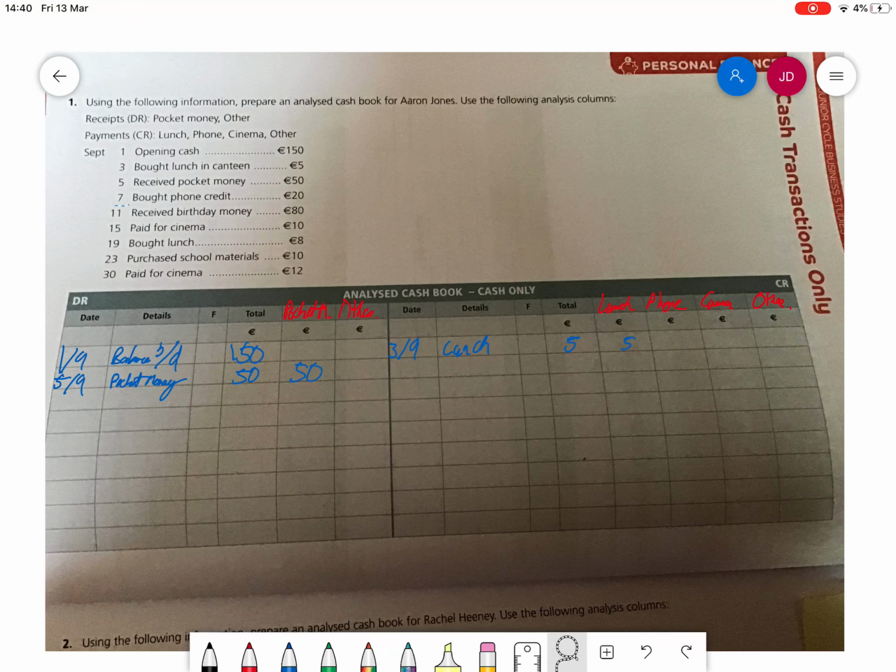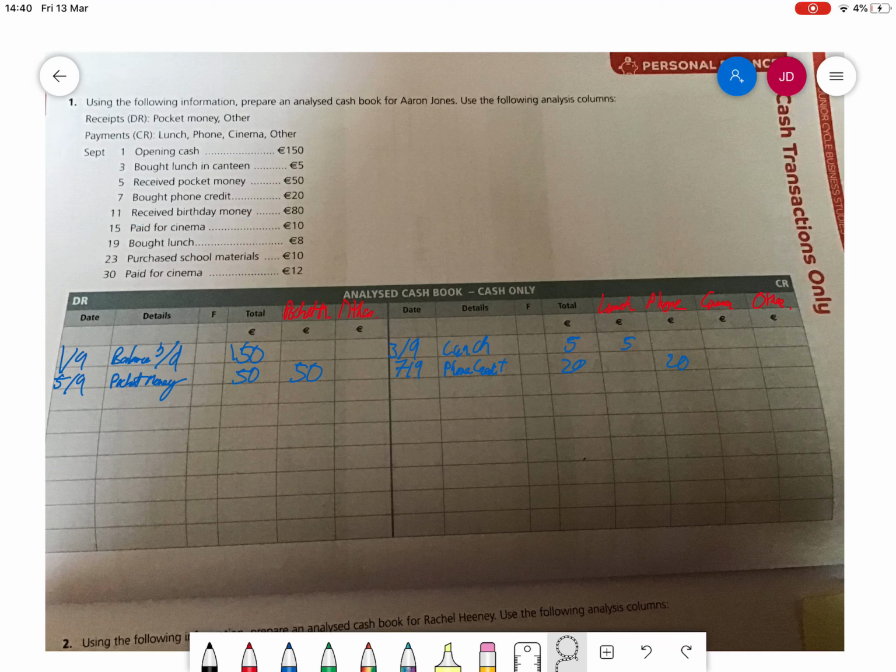Now I go to my next date of the 7th of September where he bought phone credit. So on the 7th of the 9th on the right hand side, I'm going to write down phone credit. He spent €20 on the phone credit, and that wouldn't go into lunch, cinema or other, it would go into phone.